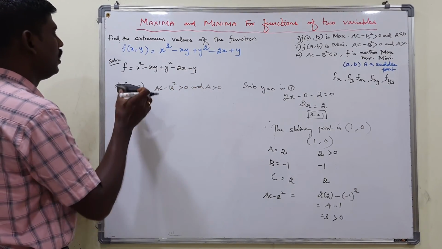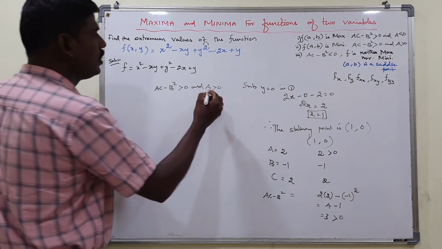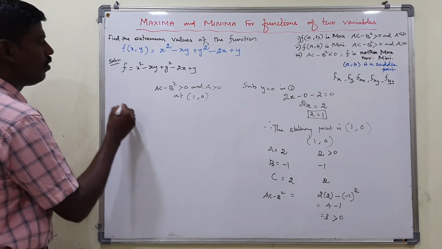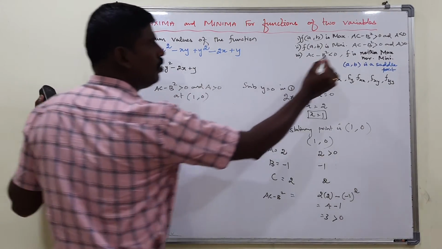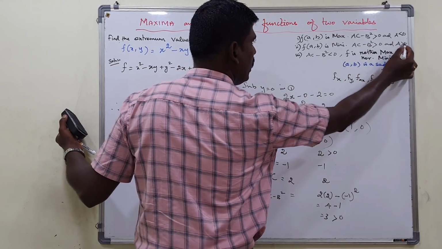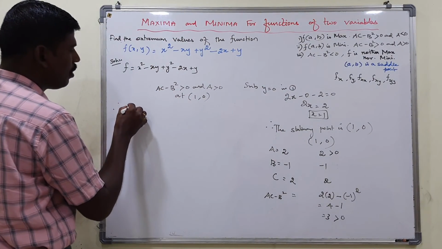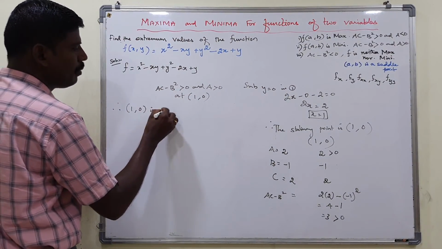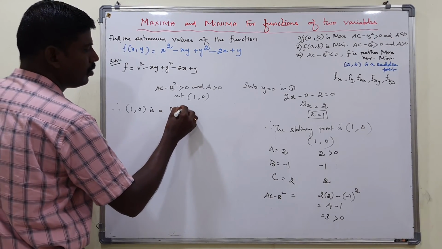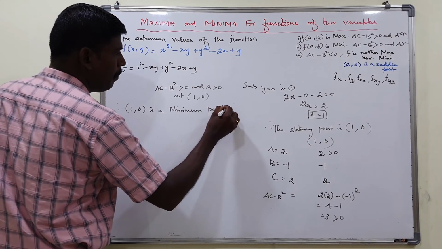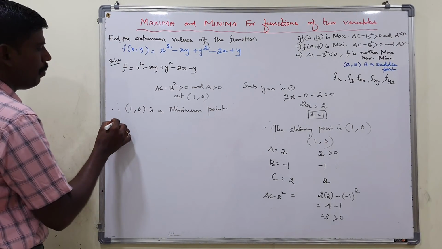Therefore, f is at a minimum point. That means (1, 0) is a minimum point.